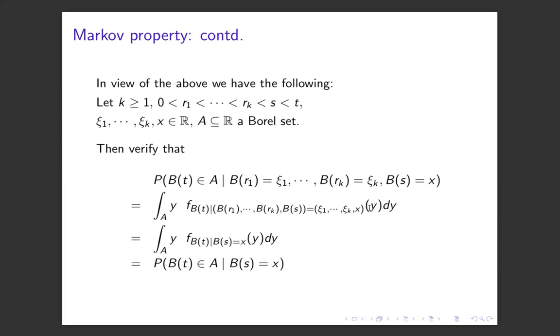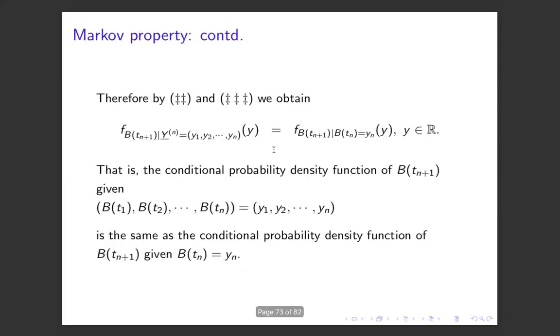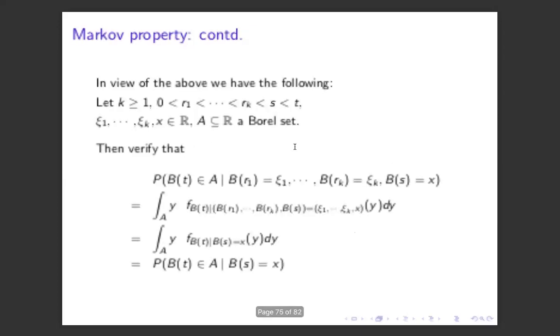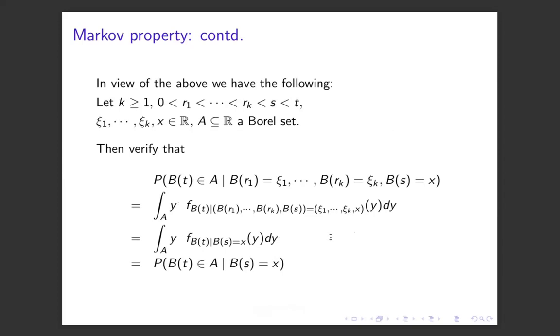And also these things make sense. We have seen earlier, whatever may be xi_1, xi_2, ..., xi_k and x, this conditional density is well defined. And what we have just proved here is that this conditional density is the same thing as the conditional density of B_t given B_s equal to x, the last one.